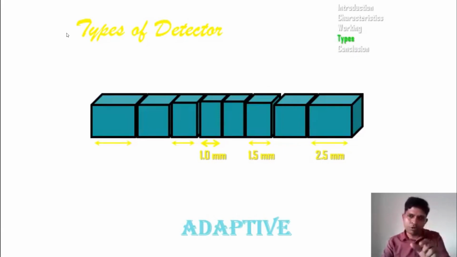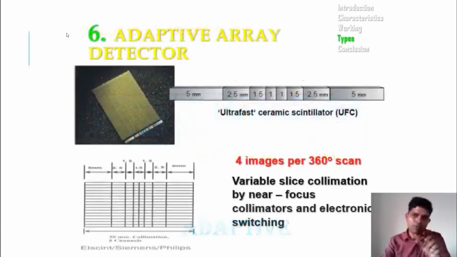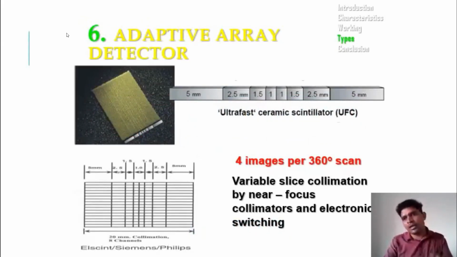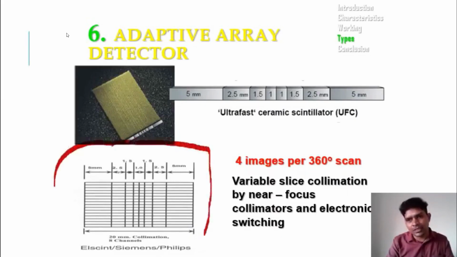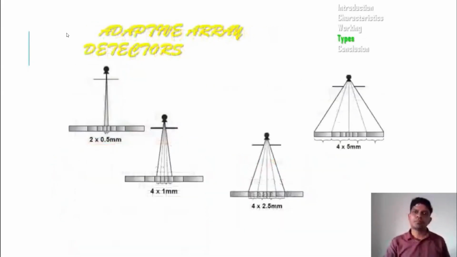When you want to take 2.5 mm, that one will be activated. You can see in the image how the adaptive array was arranged in the detector. So here also, the same thing I explained in the previous slide, how the image technique, the detector and the slice thickness are changed in the adaptive array detector.